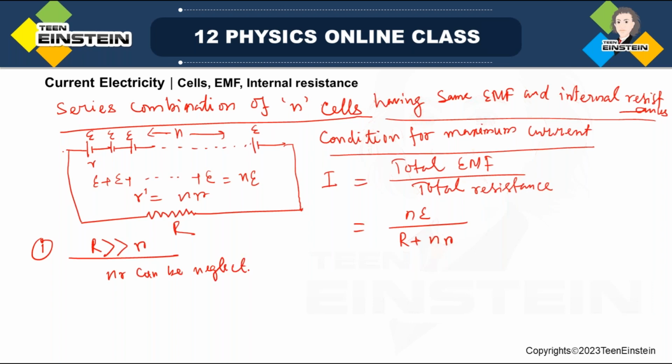If we neglect this, then we can write nE by capital R. So the current will be nE by R. So what is this n? n is a factor, the number of cells, and E by R is the current due to a single cell in the external circuit. So this is the current in the external circuit.